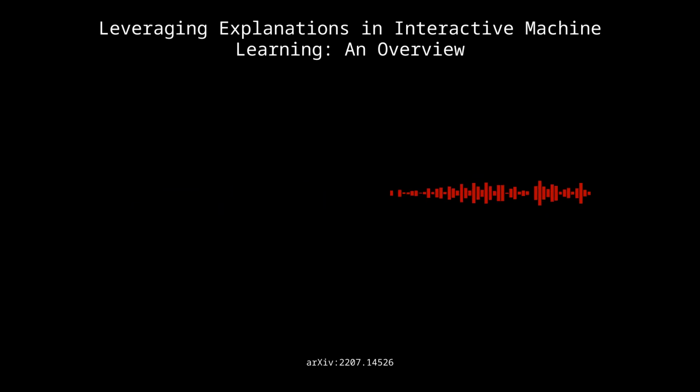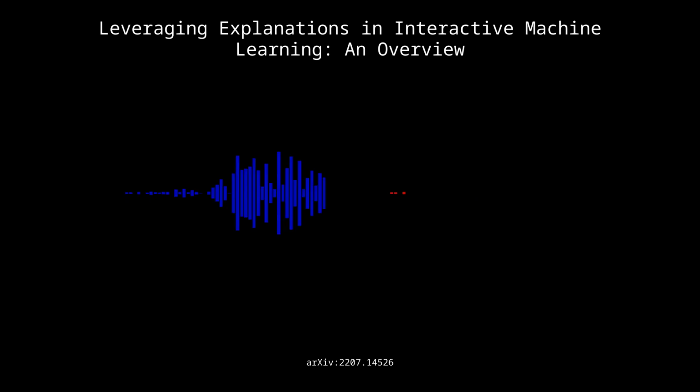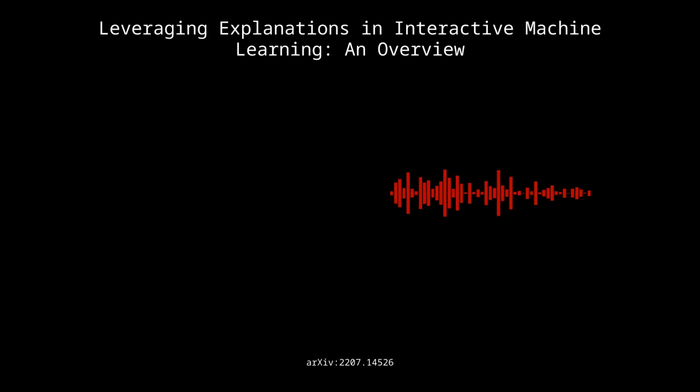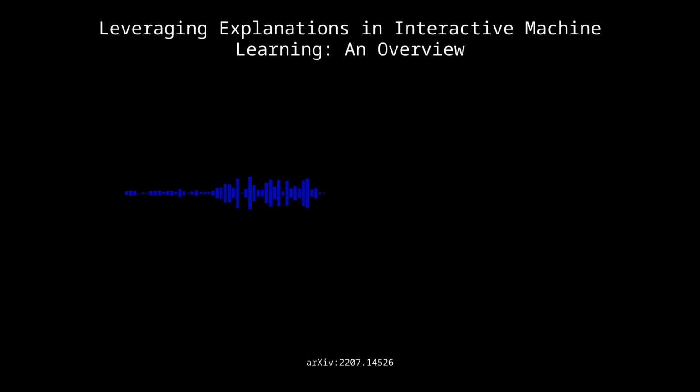Now, the paper mentions some systems that do this. One that caught my eye was FROTE, F-R-O-T-E, which encodes the user's feedback as synthetic data. It's really clever because it's bridging that gap between those rule-based edits we were just talking about and traditional machine learning.